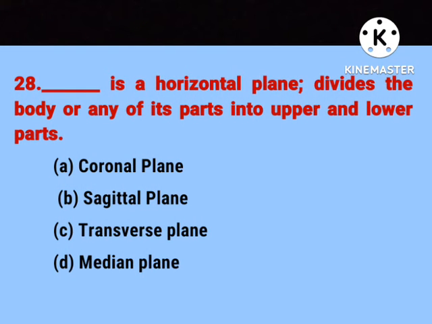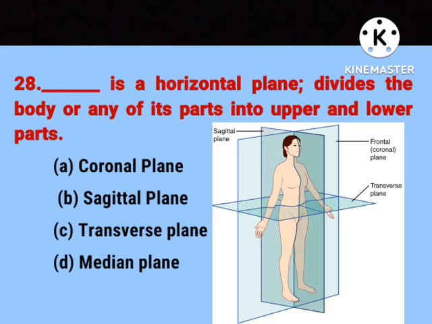Dash is a horizontal plane which divides the body or any part into upper and lower parts: A. Coronal plane, B. Sagittal plane, C. Transverse plane, D. Medial plane.